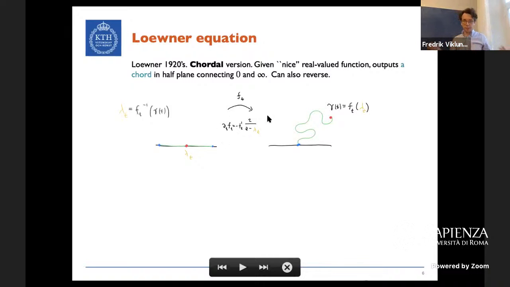Right? So this Loewner equation sets up a correspondence between these real-valued functions, what we call driving functions, and corresponding curves. All right. And again, these curves that you get from this version of the equation, they grow in the upper half plane and they connect zero with infinity. So we call them chords in this case.